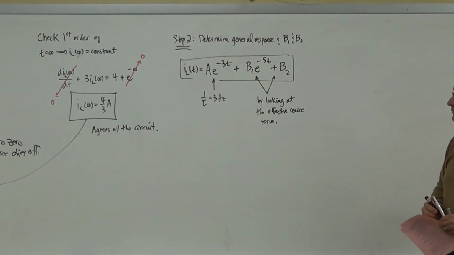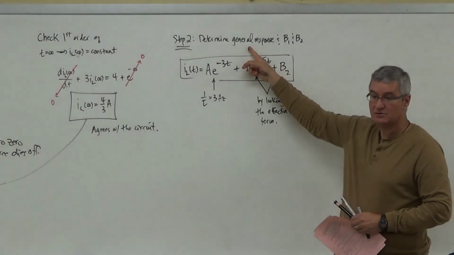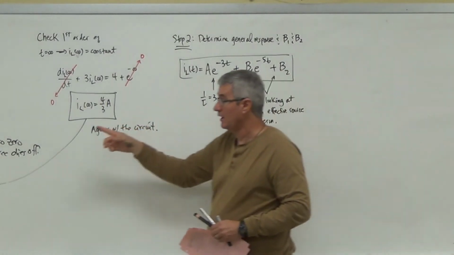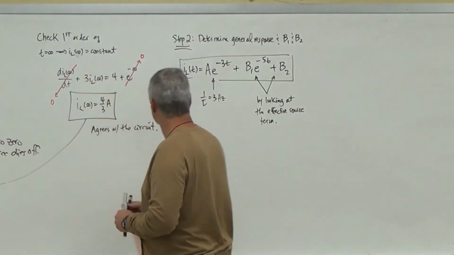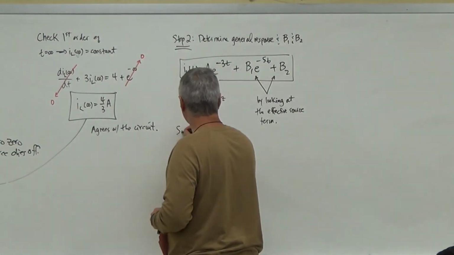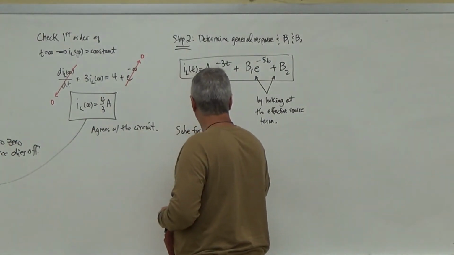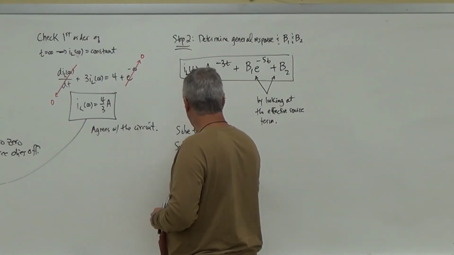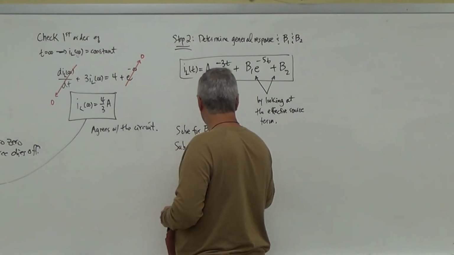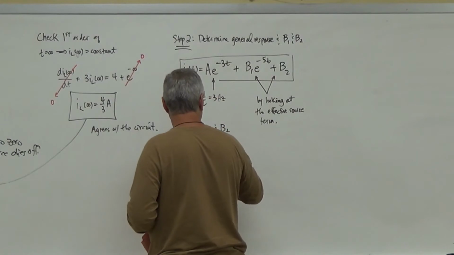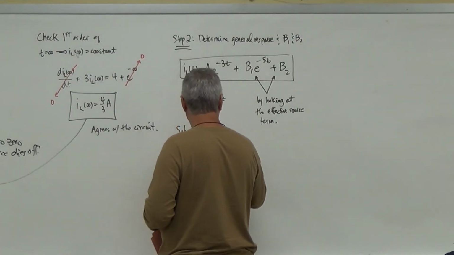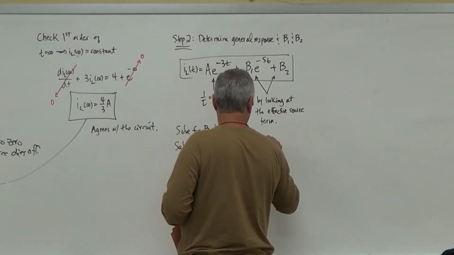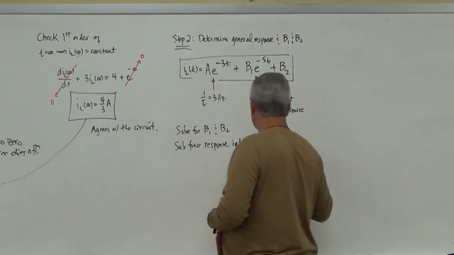So now what do I want to do? I got my general response. Now I've got to solve for B1 and B2. How do I solve for B1 and B2? I plug them right back into this equation. So what I'm going to do then is come over here. So now I'm going to solve for B1 and B2. What I'm going to do here is sub the forced response into the first order equation.